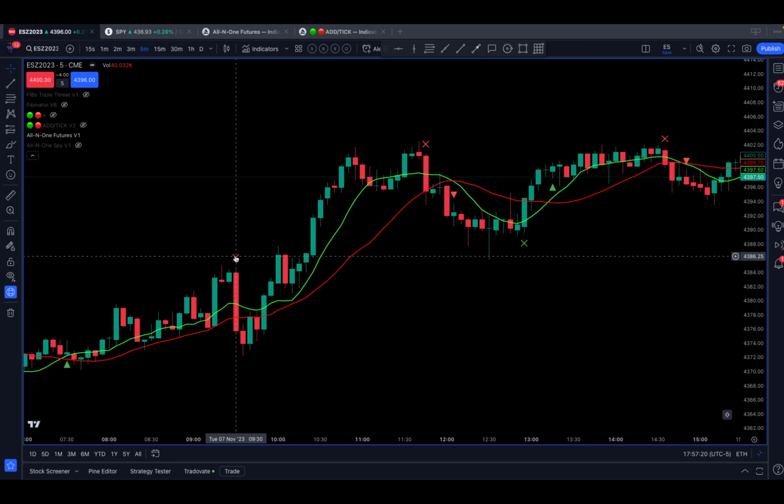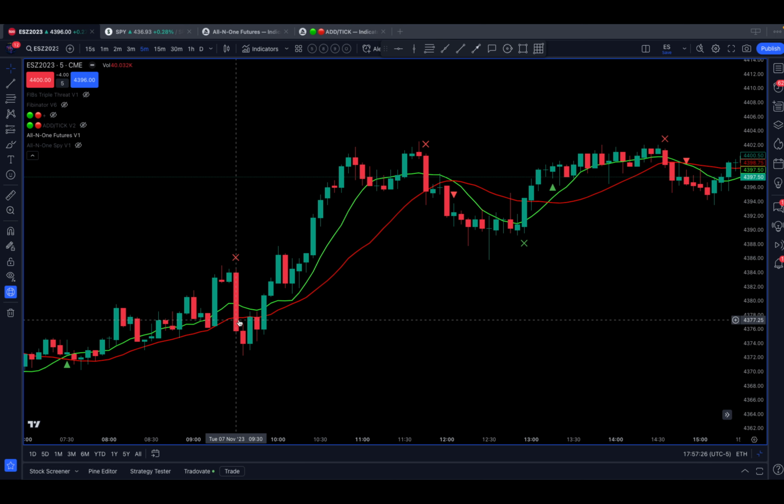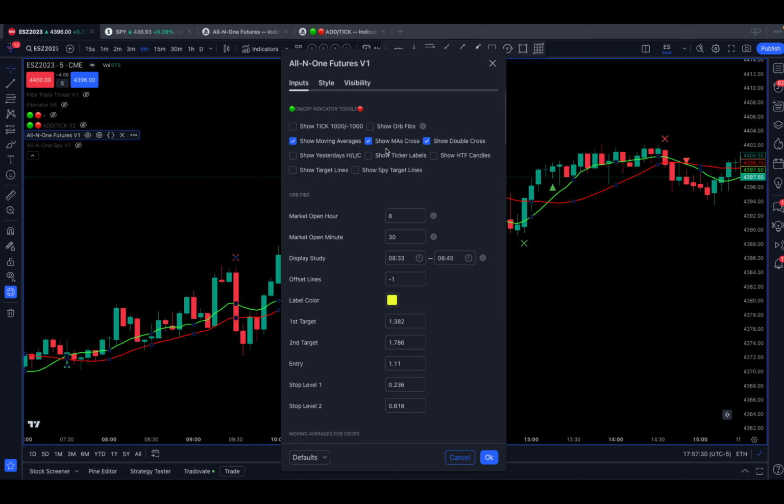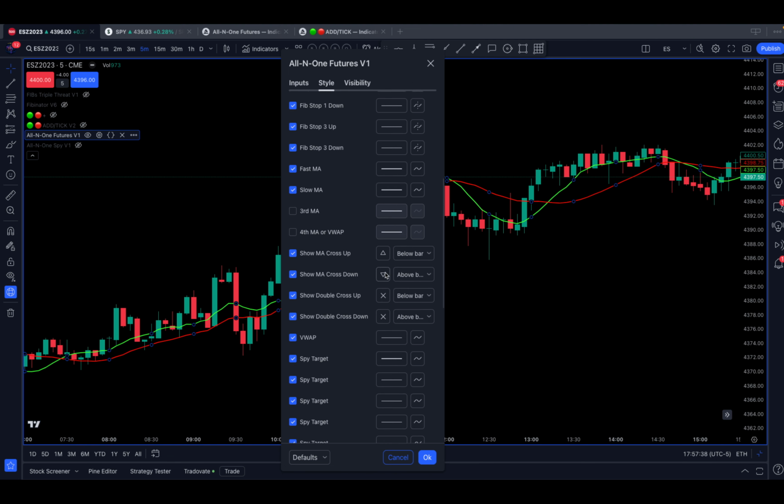That signals a double cross, which will be an X, letting you know this is a 9-20 double cross that happened here to the downside. Again, your choice whether you want to leave them on there or not. You could come over here to the style section again and change it to an arrow or triangle, whatever you want.